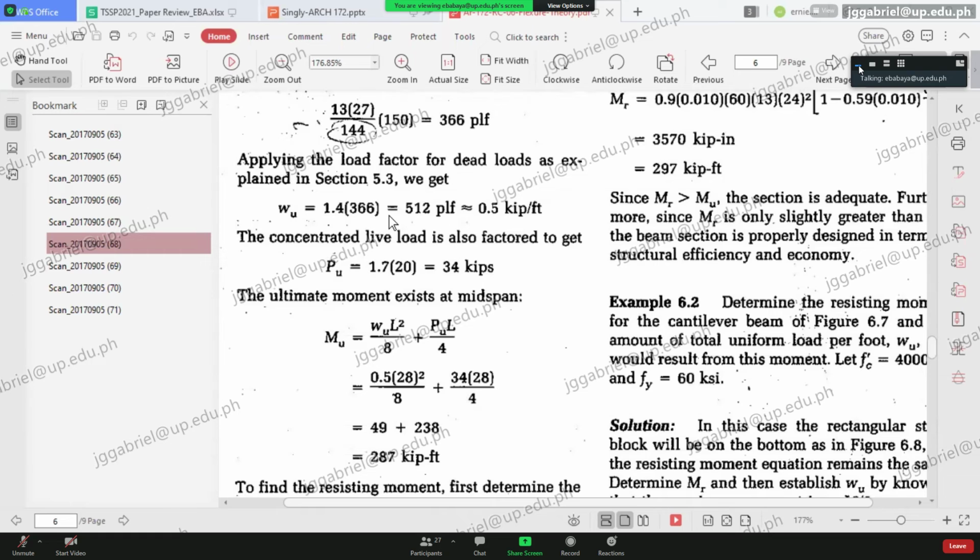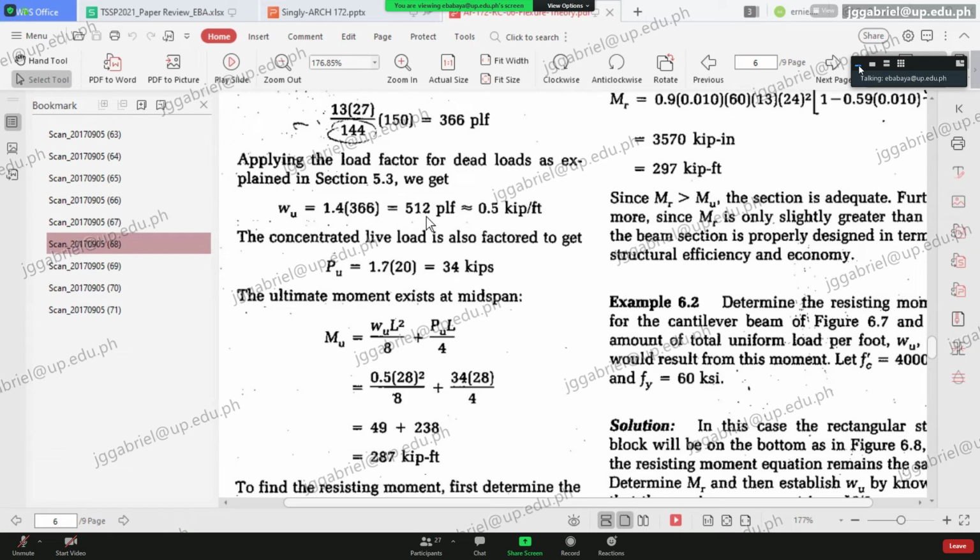If you multiply that by 1.4, it becomes 512 pounds per lineal foot, or approximately 0.5 kip per foot. Now, convert pounds to kips or kilopounds, it becomes 0.5.